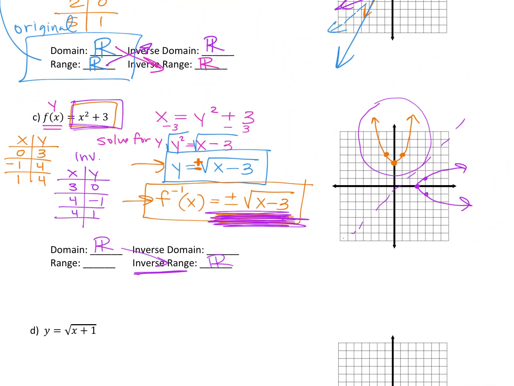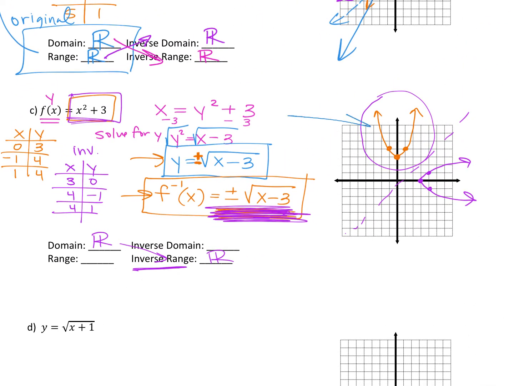Okay, your range. What can your y values be for this graph? Greater than or equal to 3. Y has to be greater than or equal to 3. Now here's the one place you have to be a little bit careful. The inverse domain has to be that range, but domains are x's, right?